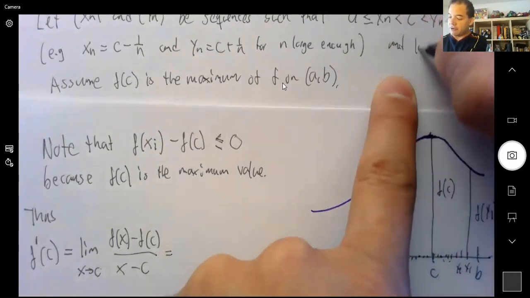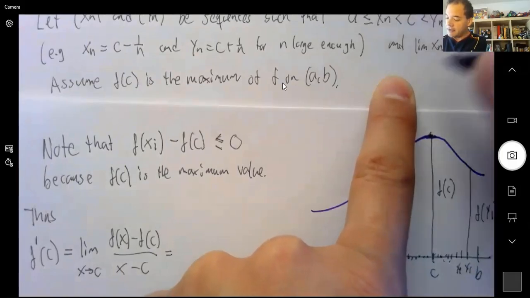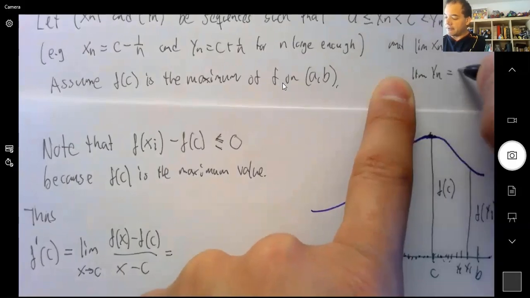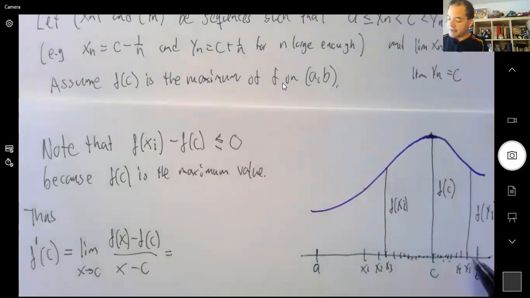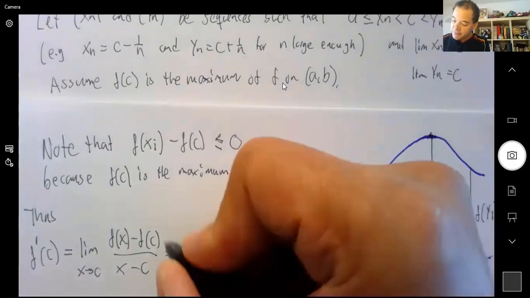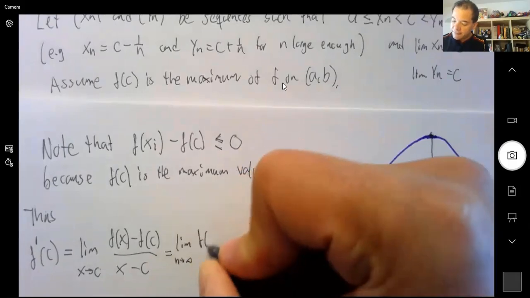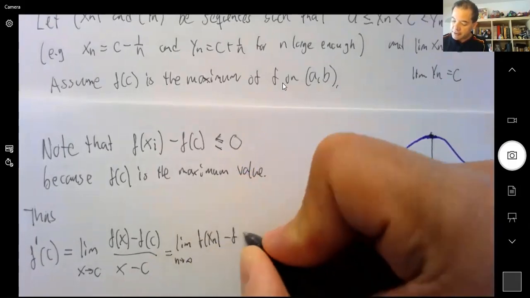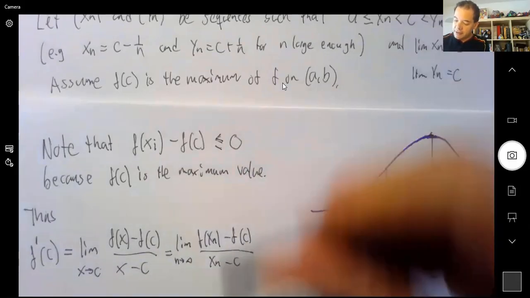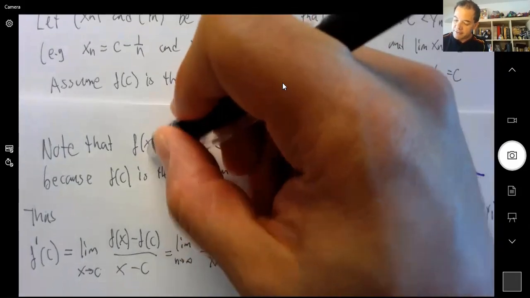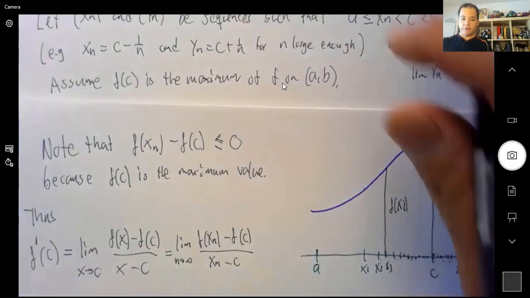I said it but didn't write it, that the limit of the xn is c, and the limit of the yn is c. So both the x sequence and the y sequence approach c. So this is the limit when n goes to infinity of f of xn minus f of c over xn minus c. And let me change this to n so that the indices match. All right?